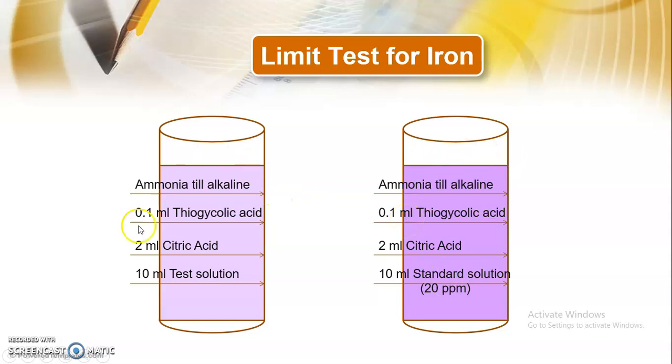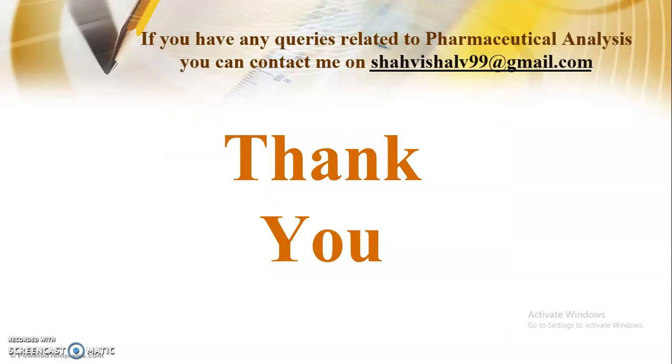And if this colored complex has a more intense color as compared to the standard iron color, then we can say our pharmaceutical substance does not pass the limit test for iron, and it cannot be suitable for use as a pharmaceutical substance. In this way, by comparison, we can decide whether your pharmaceutical substance is of good quality or not. So this is all about the limit test for iron.